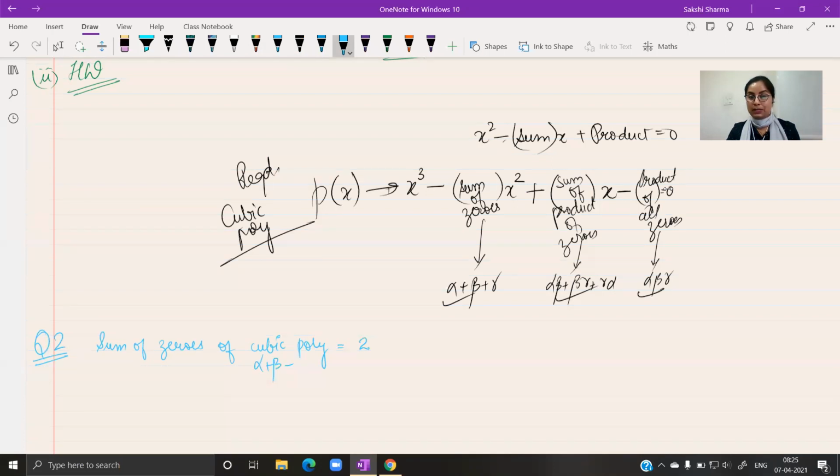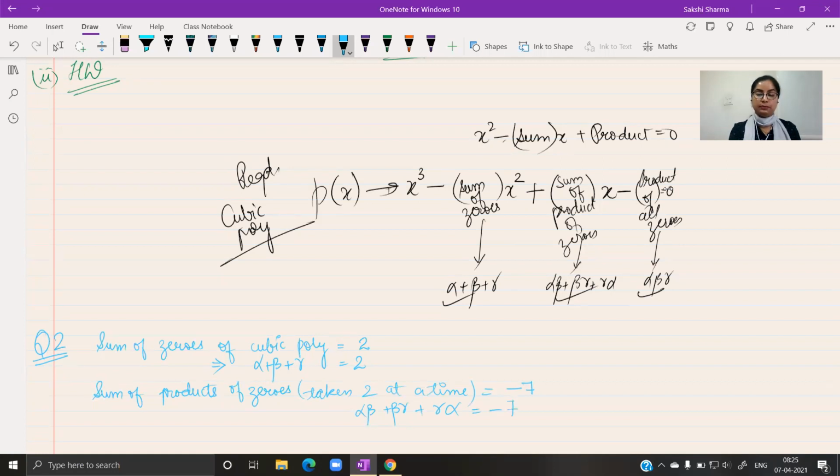That means alpha plus beta plus gamma is 2. This is given as -7. This means alpha beta plus beta gamma plus gamma alpha is -7.